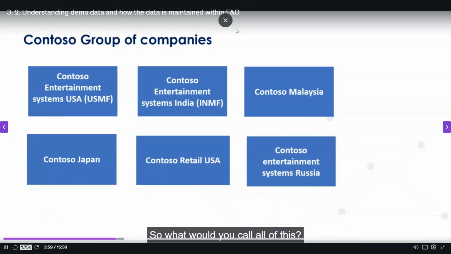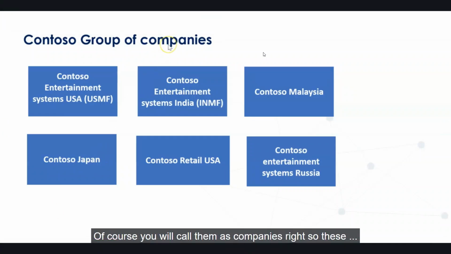So what will you call all of these? In general terms, of course, you will call them companies, right? So these all are companies established in different countries, correct? And you can also call them legal entities.